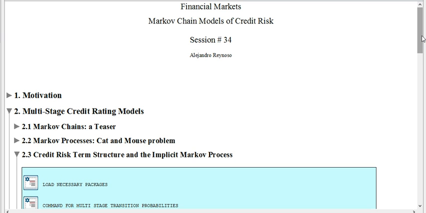In the first part of this exposition of session 34, we place a lot of emphasis on the single stage credit deterioration models. Essentially, a company would move from a state of being current into a state of being in default.